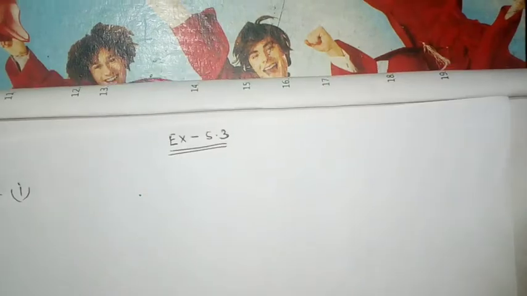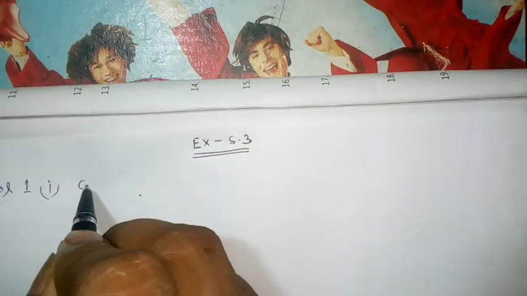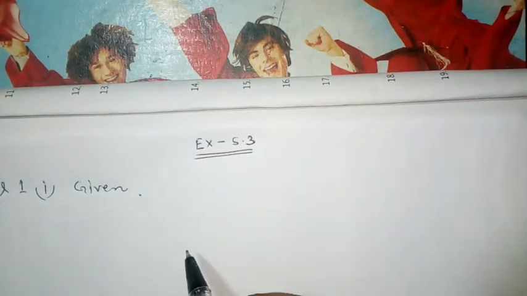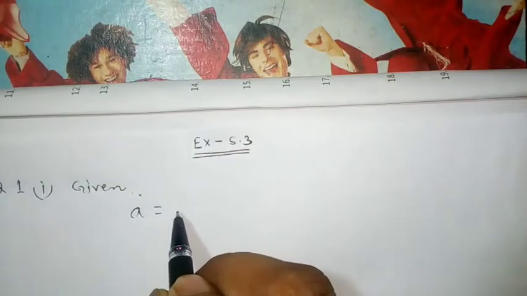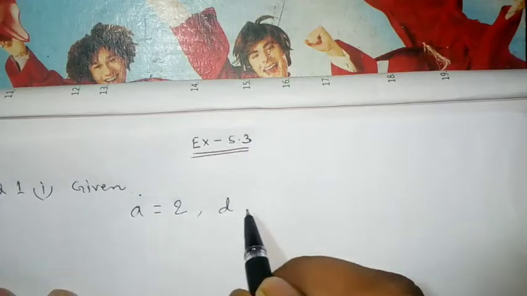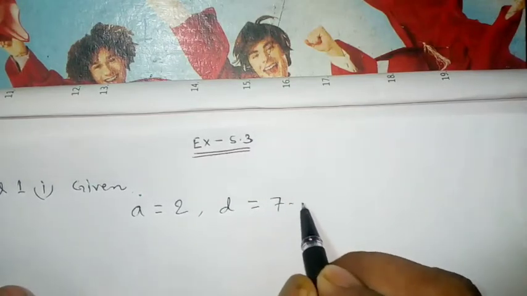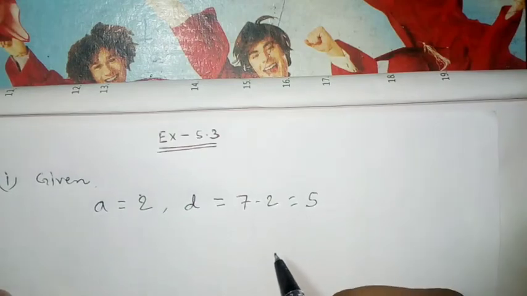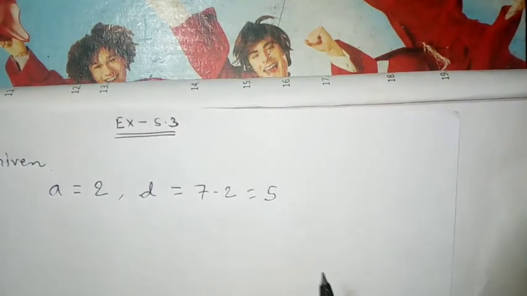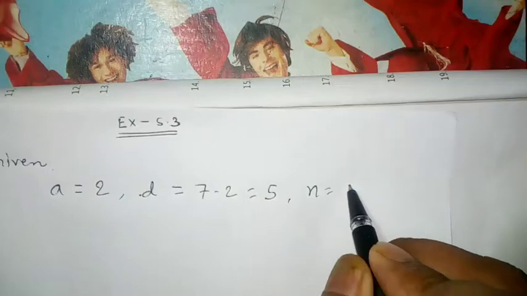Now the first question, given: a is equal to 2, d is equal to second term minus first term, is equal to 7 minus 2, is equal to 5. n is equal to 10.